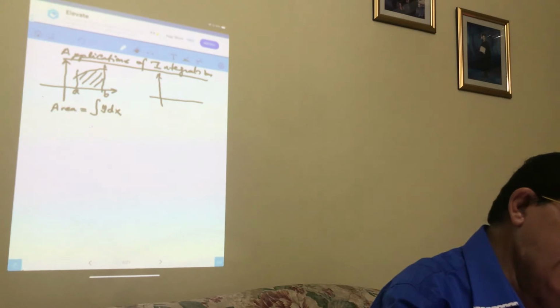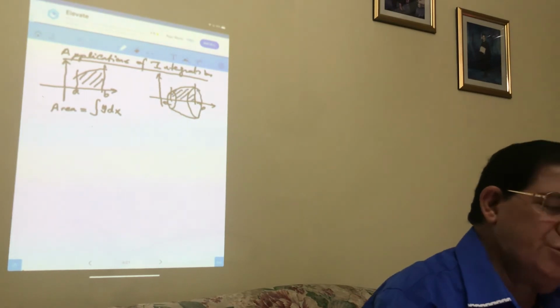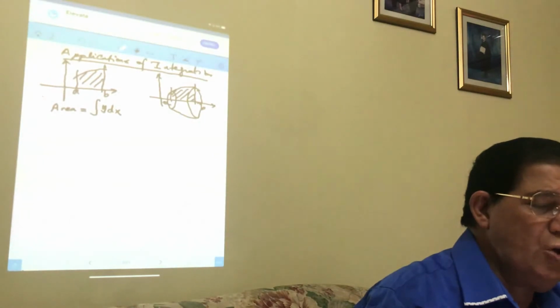When you have an area like this, and this area is rotated between A and B about the x-axis, we are going to get a solid of revolution.